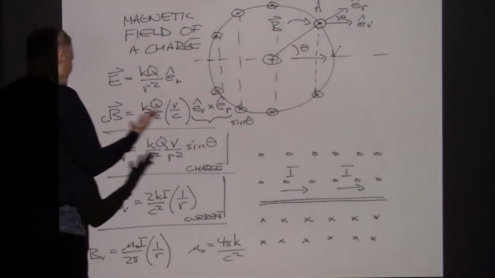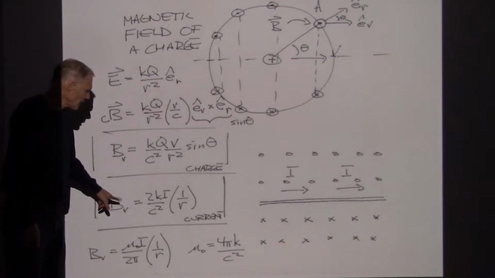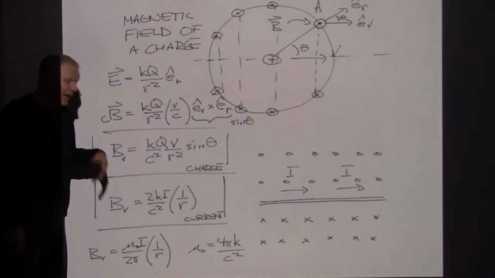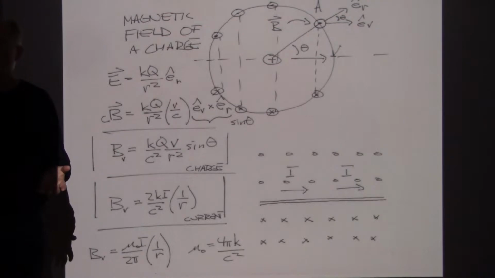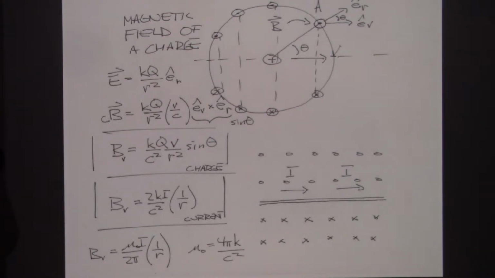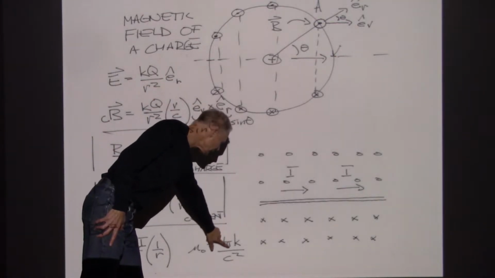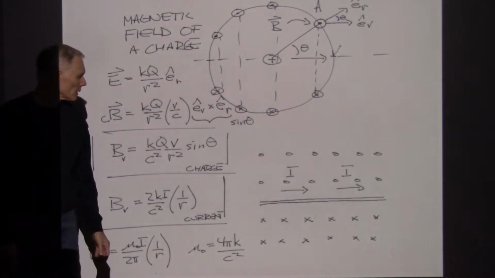And so it's still based on charges. Epsilon naught was used for electric force constants, mu naught was used for magnetic force constants, and then it was realized there's a simple connection between those two. And so mu naught is equal to 4 pi little k divided by c squared.